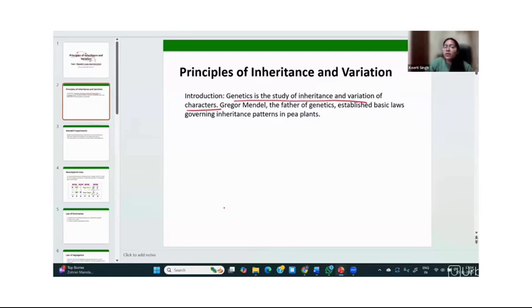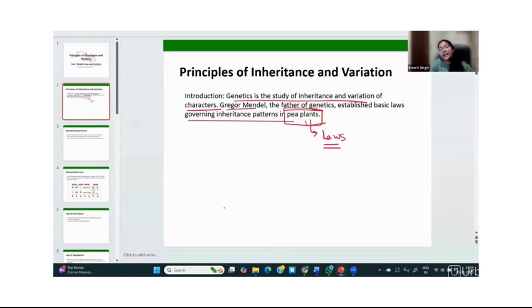So Gregor Mendel, who is known as the father of genetics, established some basic laws that govern the inheritance patterns. His experiment was based on pea plants, right? He performed a large number of experiments on pea plants and ultimately derived some basic laws, right?